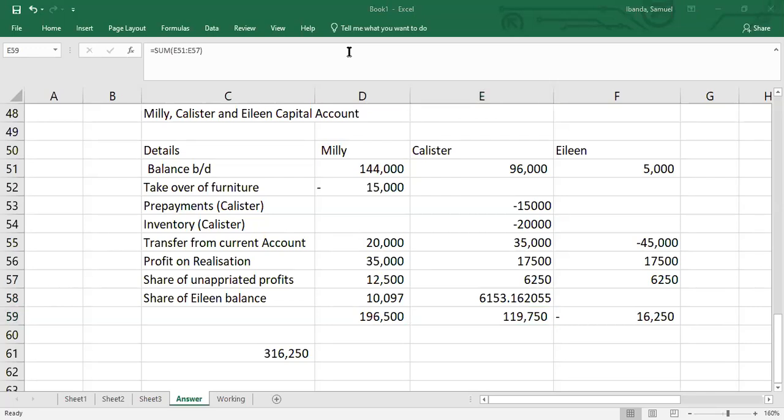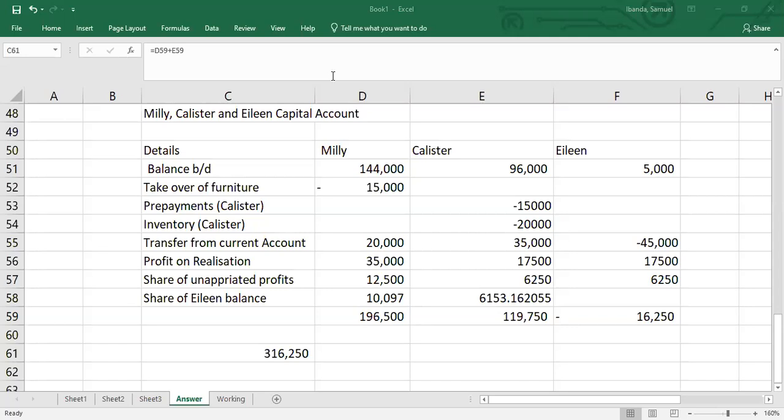Okay, somebody is saying, I think Millie and Calista should share the loss 2:1. Janet, could you unmute and explain why you want to take that approach? Janet, you put something that is an idea in the chat box.